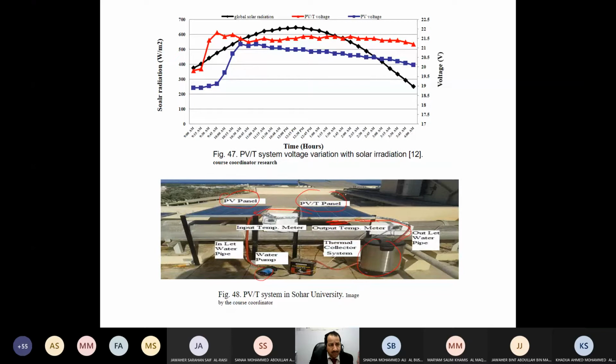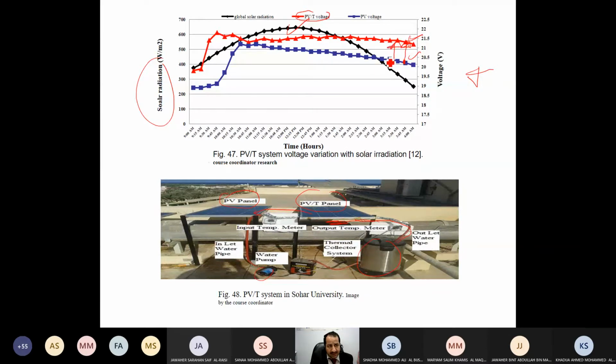made measurements to evaluate the performance, something similar to this curve. As you can see here, this is solar radiation, the black one, and the voltage is the red and the blue. The red here is the PVT. You see, the voltage gets higher. The blue is the voltage of the PV, and here is the cooled one, PVT.